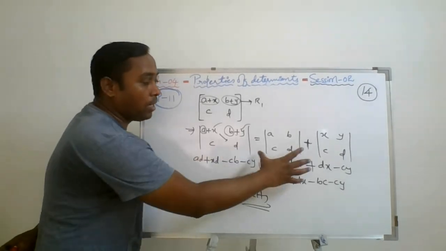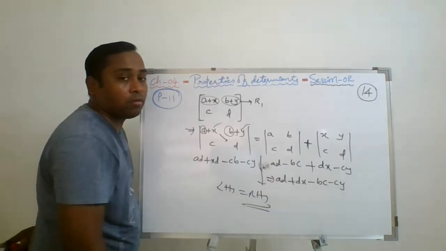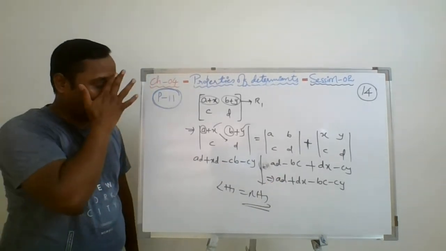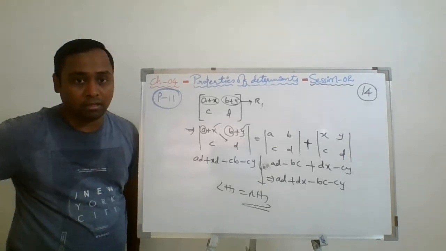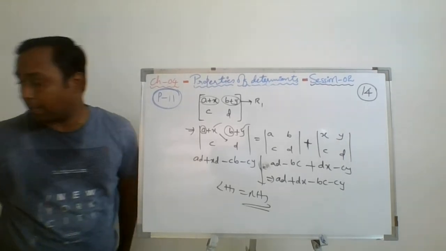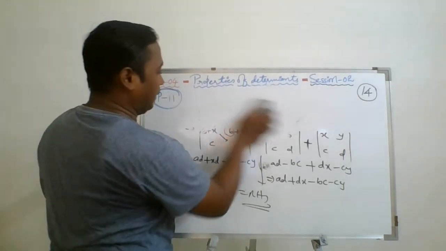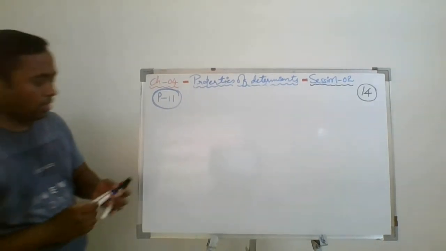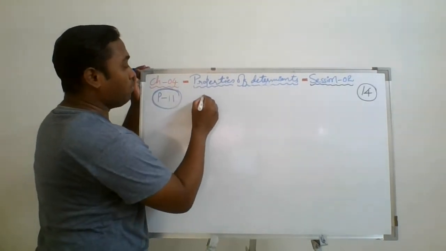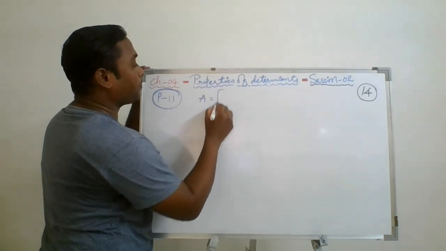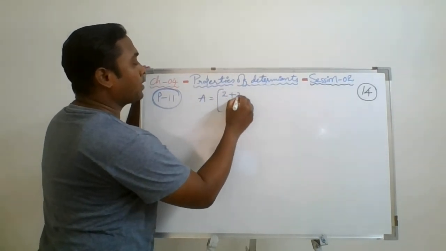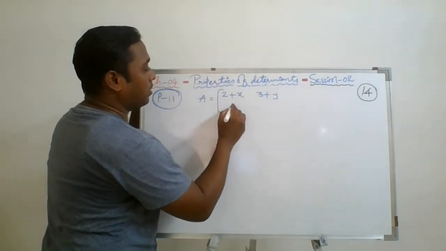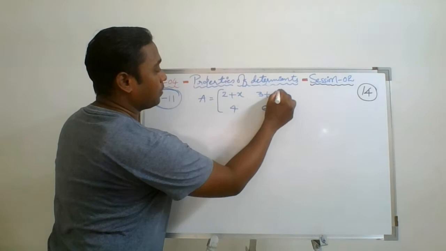So this property will help you with some interesting questions. Let me take one small question to understand how this property can be helpful in finding a determinant. The square matrix is given as 2 plus x and 3 plus y, and 4 and 6.